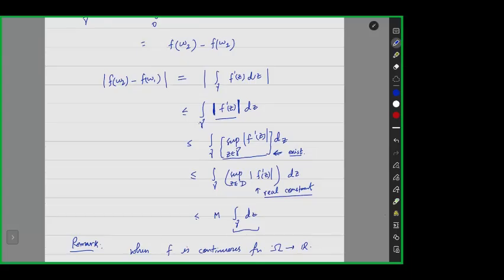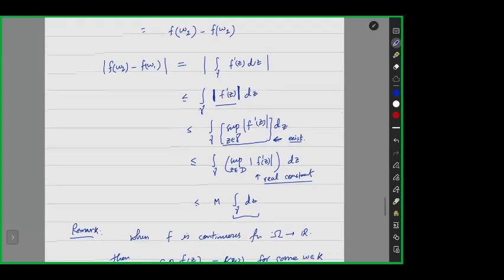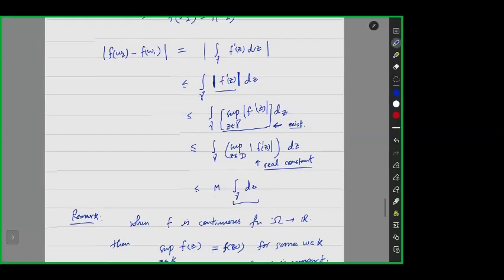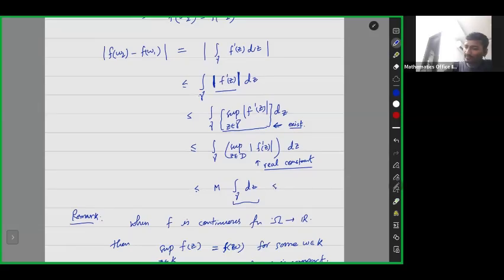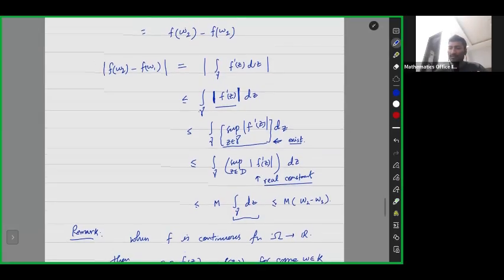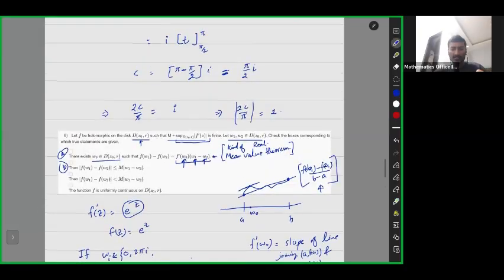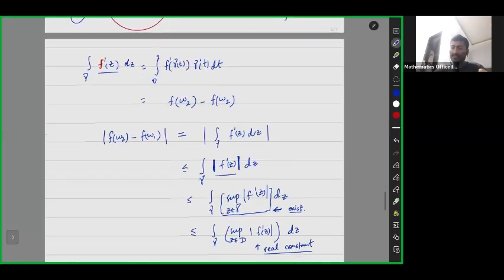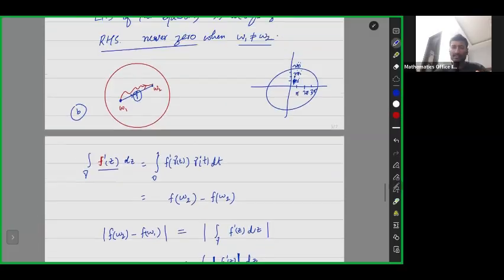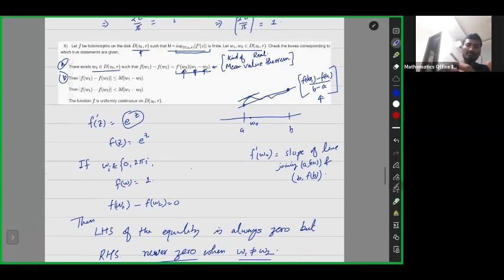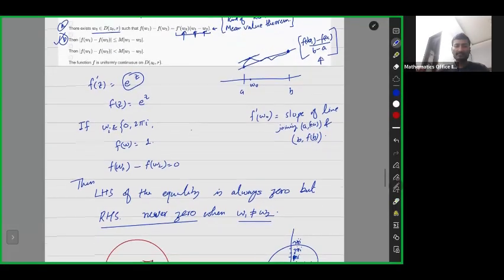This is just a Riemann sum along complex numbers of dz, so it will be straight, and we don't need to care about the path; it is independent of it. The length will become M times (w2 minus w1), right? But I was thinking we could have got the modulus of w2 minus w1, because these values are real, and this part B is correct in that sense.